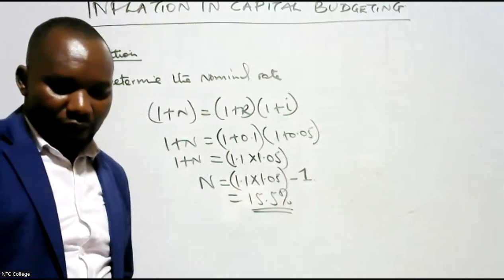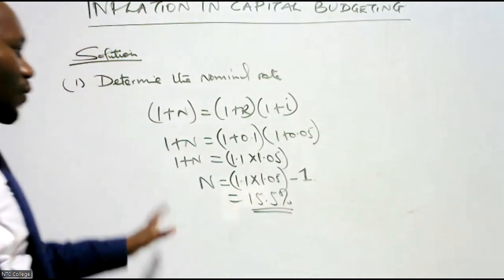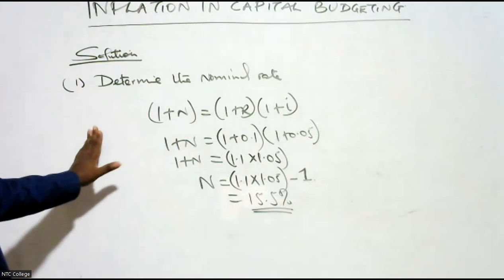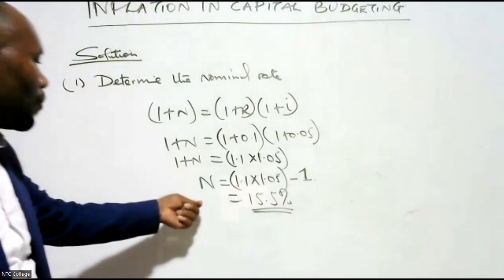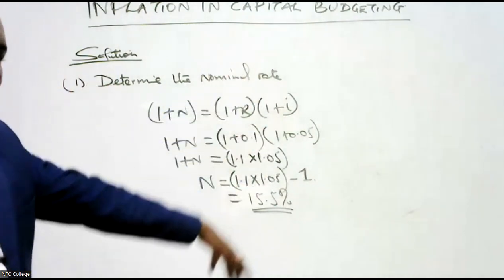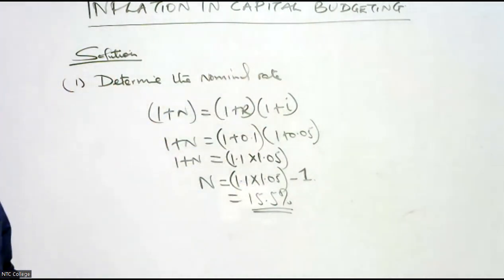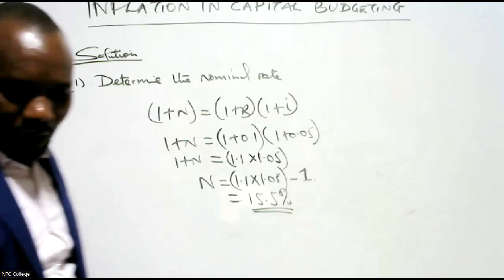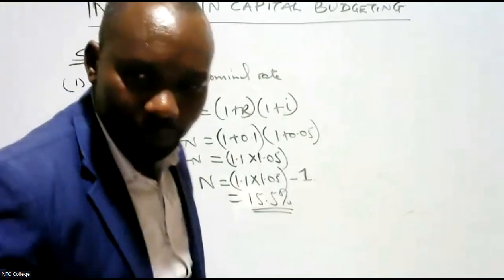Okay. Now, with this, you can be able now to calculate your NPV. Because now you have nominal rate and already you are given nominal cash flow. You can be able to calculate your NPV still. So let's now calculate NPV.